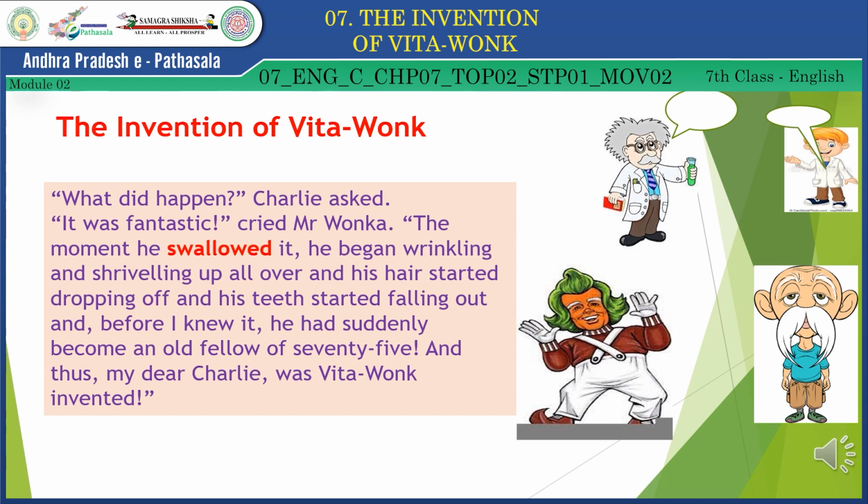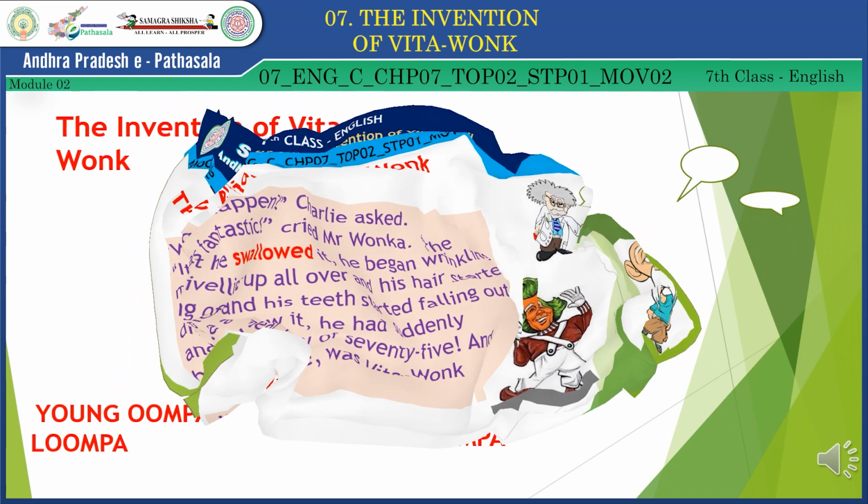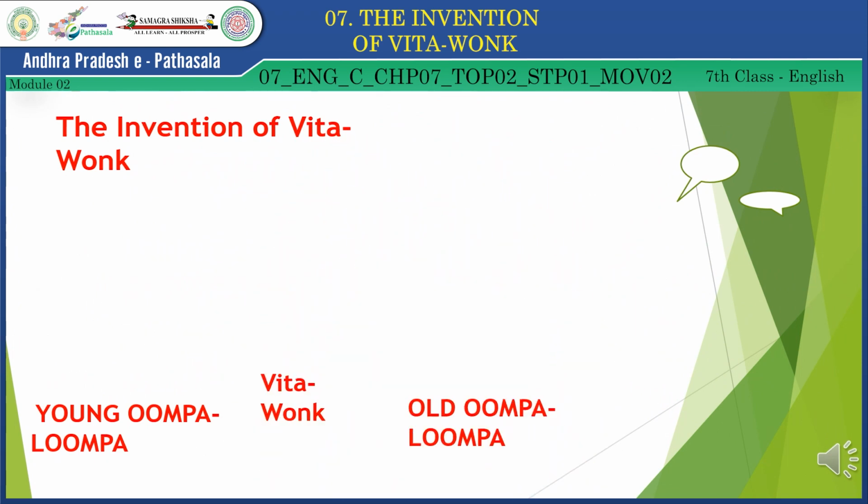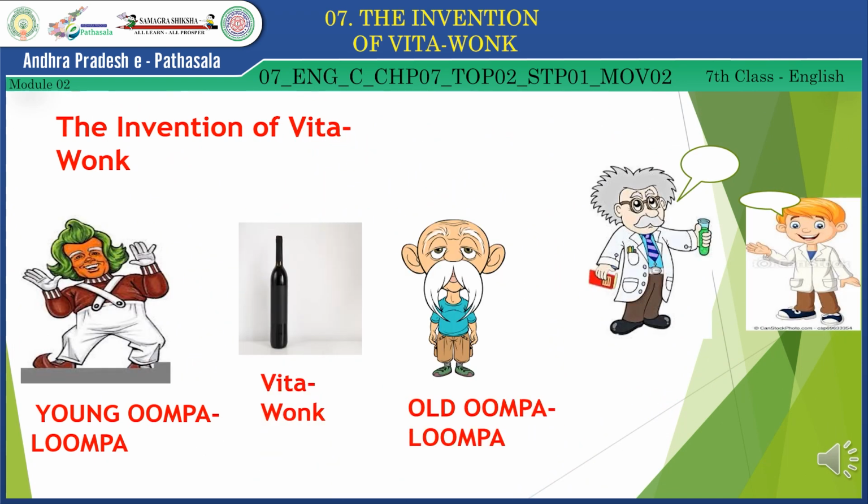So finally, Wonka invents an antidote named Vita-Wonk to bring the grandparents back. And this is how he invented a new medicine, Vita-Wonk, which can turn a man very old. And before that he invented Wonka White, which can turn a man young, even minus.